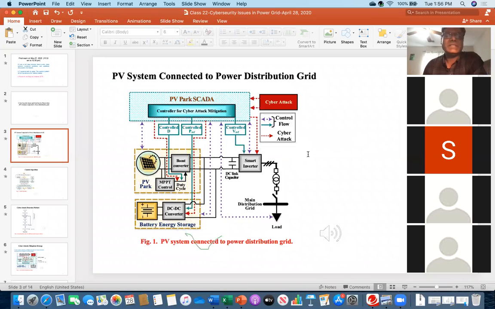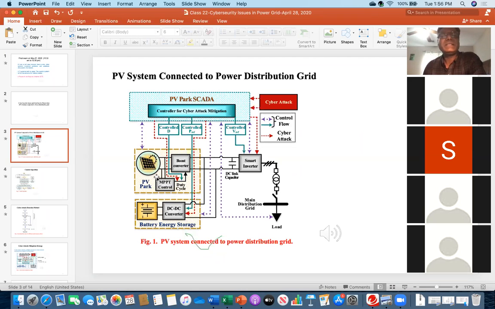So everybody see this example. Here is a PV system connected to the power distribution grid. As you can see, there is a solar farm, photovoltaic farm. And at the bottom, you can see battery energy storage, which is connected here.